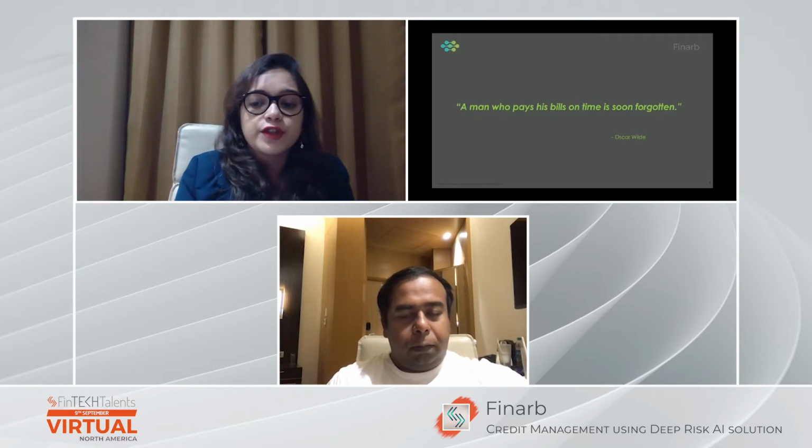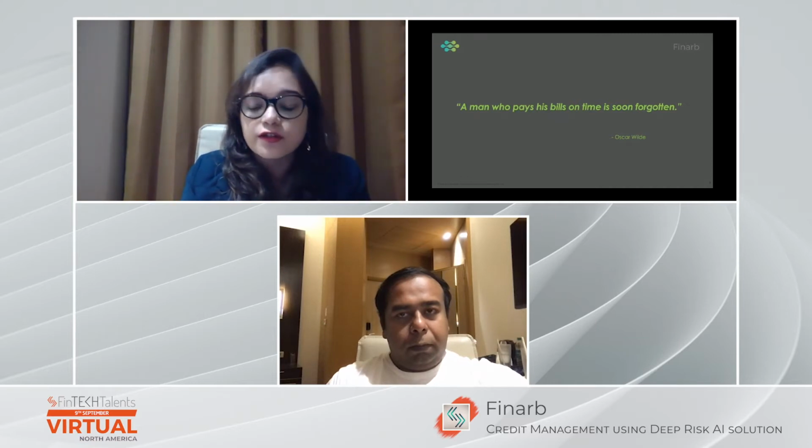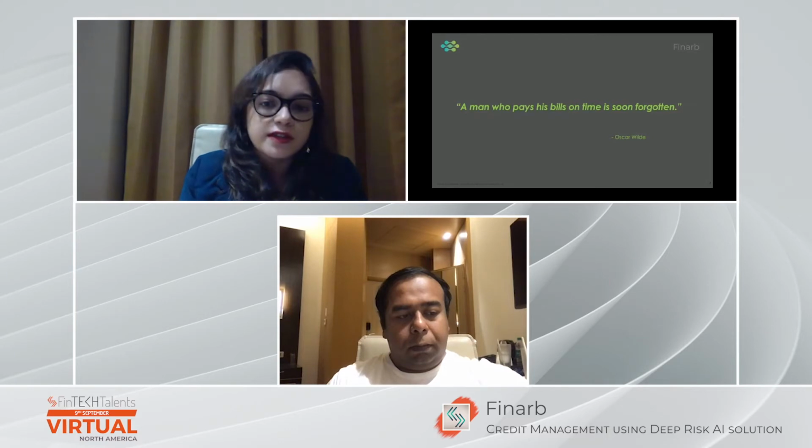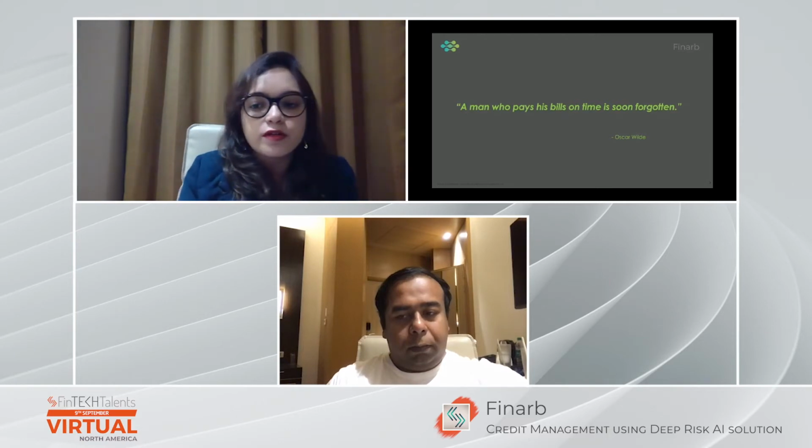The frameworks are decided, and what the banks look to do is minimize their losses. Typically they would run a decision model for new applications. They would have a performance model where they constantly monitor their existing borrowers.